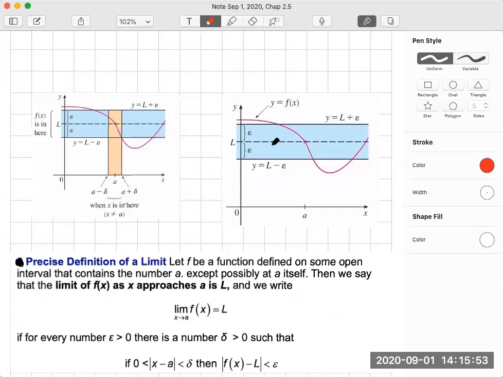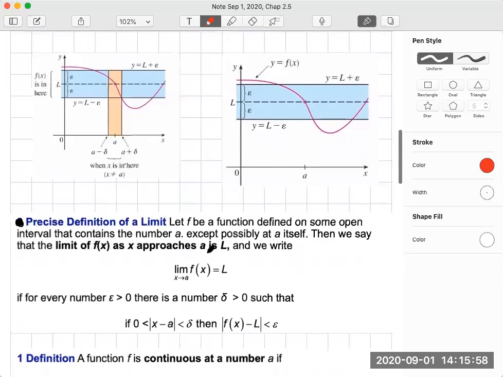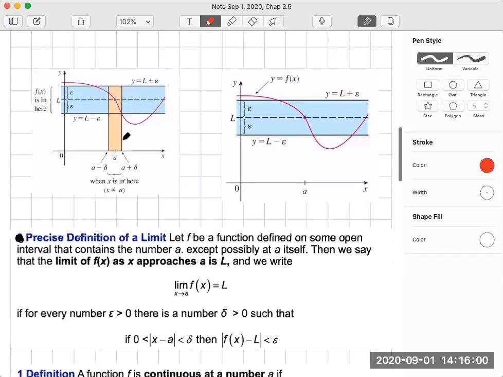A precise definition of limit is written like this. For any point x equal to a, the value of this is L right here.